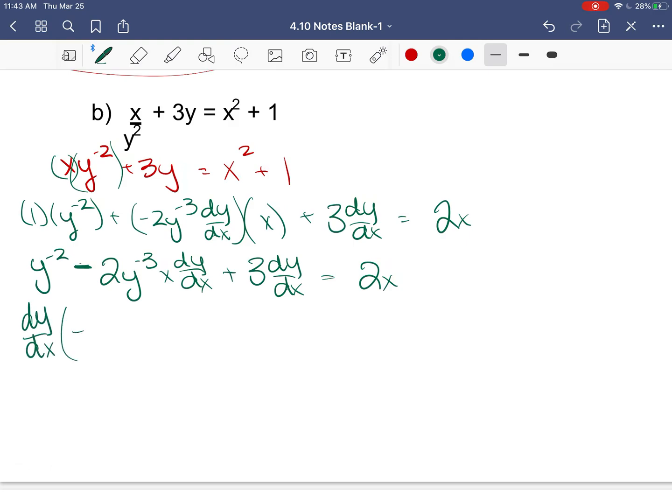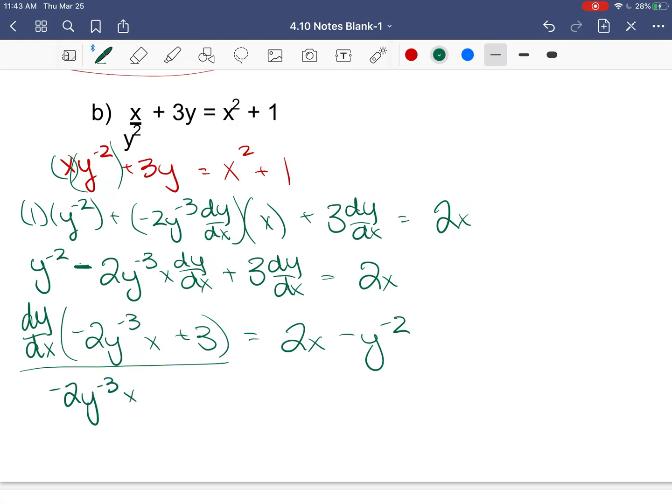Taking out my common factor of dy/dx, I'm left with negative 2y to the negative 3x plus 3 equals 2x minus y to the negative 2. Divide everything by negative 2y to the negative 3x plus 3.